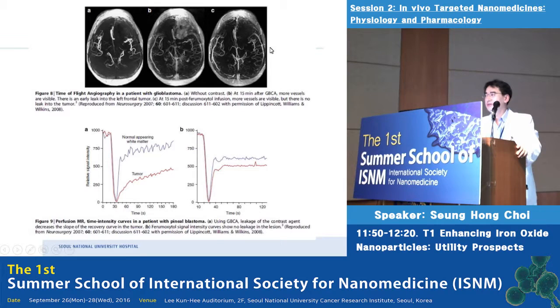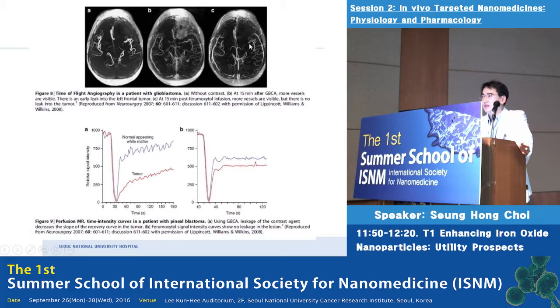It means that the use-pure, the nanoparticle, has a tendency of less extravasation, less penetration of BBB, even in normal brain tissue and the brain tumors. So we can make more clear vascular imaging.